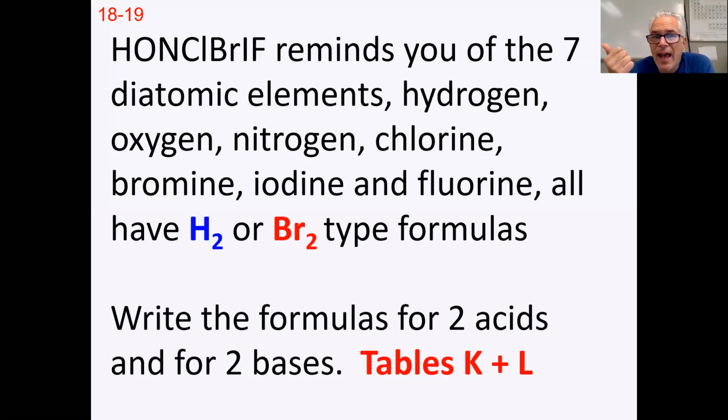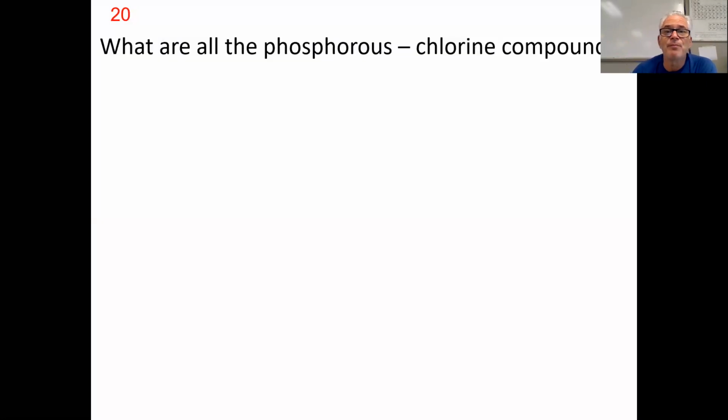Hunkelbrief reminds you of H for H2, O2, N2, Cl2, Br2, I2, and F2. They all have this diatomic formula. They are molecules, but they're not compounds. They're diatomic molecular elements. Now, acids and bases, you can pick anything you want. Doesn't matter. Go to table K for the acids and L for the bases. They're there. Just make sure you remember K and L. You got a whole bunch of acids and bases just laying around waiting for you to touch. Put your finger in a box and you can have them.